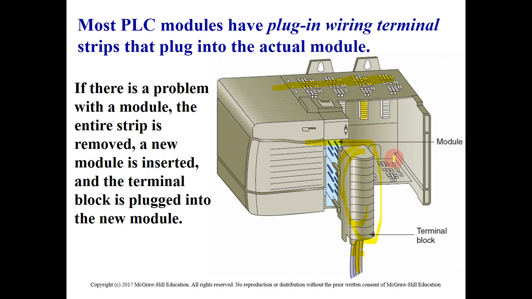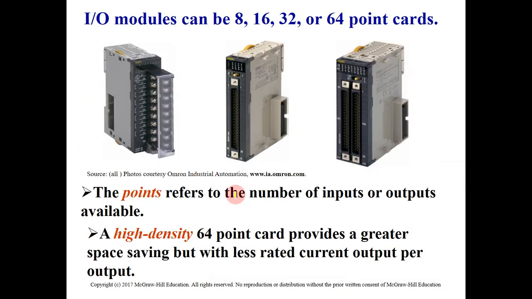If any of these modules gets a problem, it can be easily removed and replaced by a new module. Usually the price of these input output modules is much cheaper than the price of the CPU module or the power module and so on. We have different sizes of input output modules. It can be 8, 16, 32, 64, as I mentioned earlier.